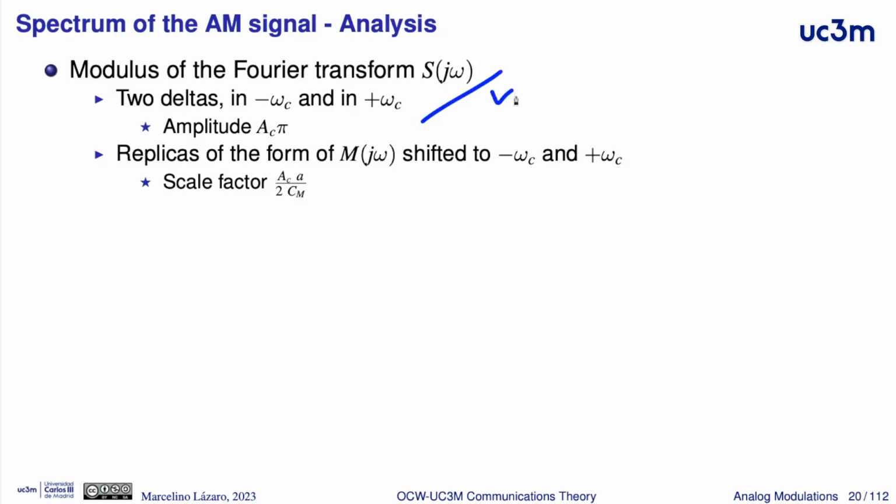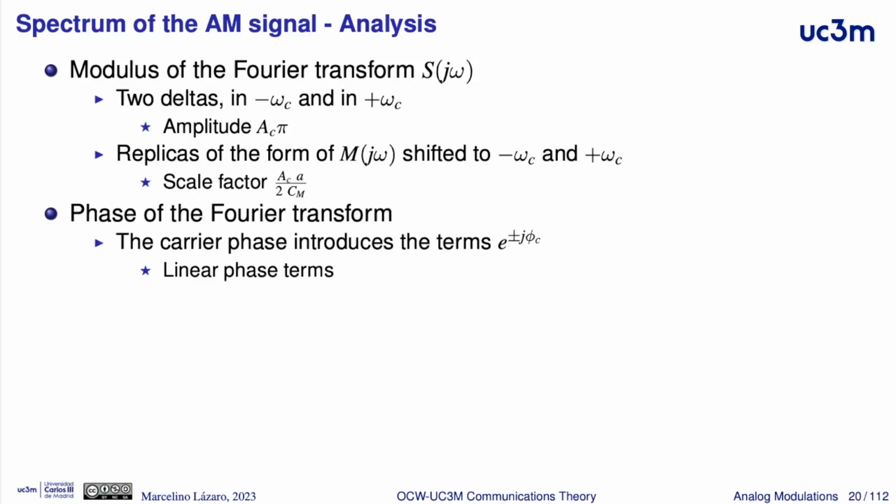The 2 deltas and the 2 shifted replicas of the spectrum of MA, which is proportional to the spectrum of M. And the phase of the carrier is introducing some phase shift terms, complex exponential of plus and minus j phi c. They are linear phase terms.